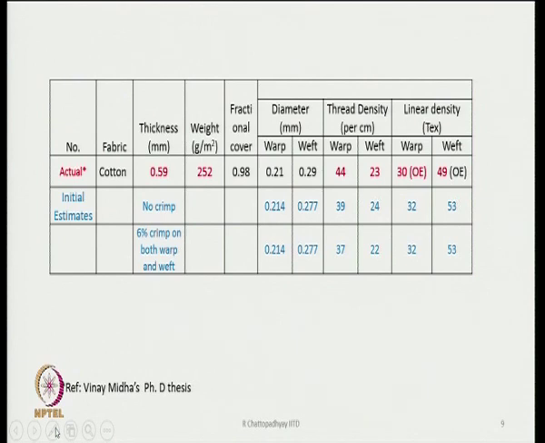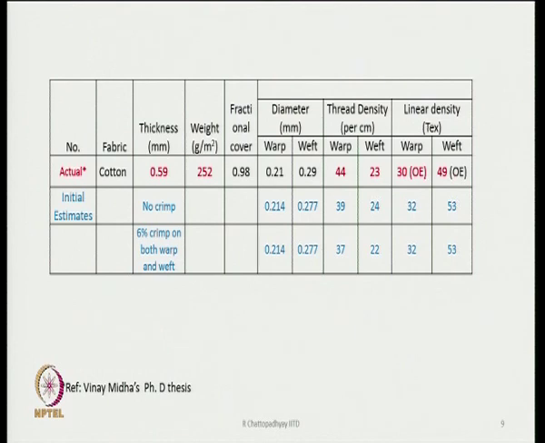With these two, if we move ahead, we find in this table that the actual values are stated in the very first row: fabric cotton, thickness, weight, fractional cover, diameter of the warp and weft, thread density of warp and weft, and linear density of the two yarns are all stated here.